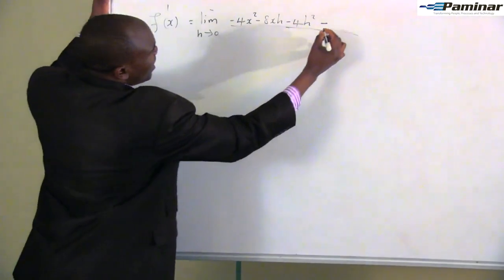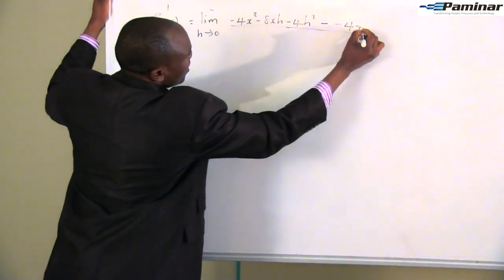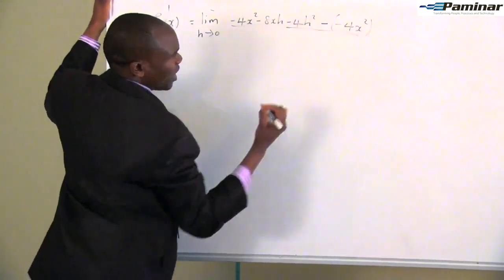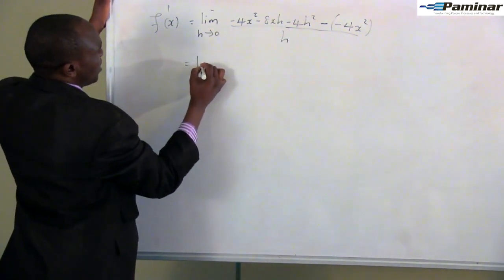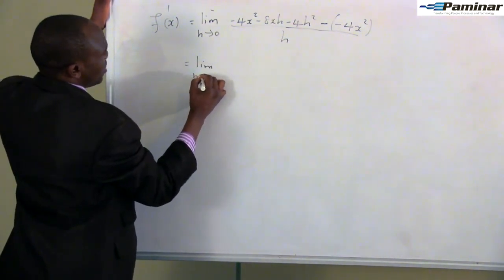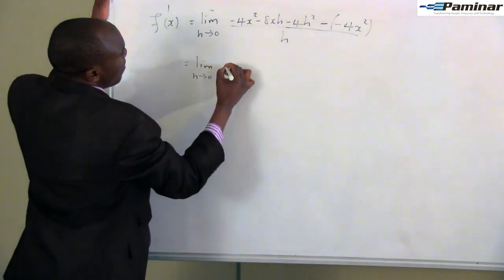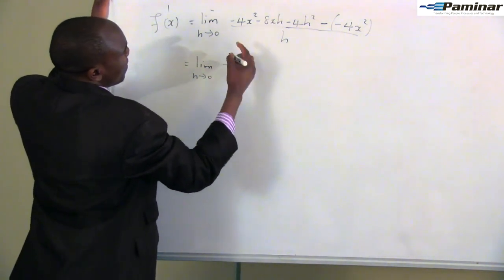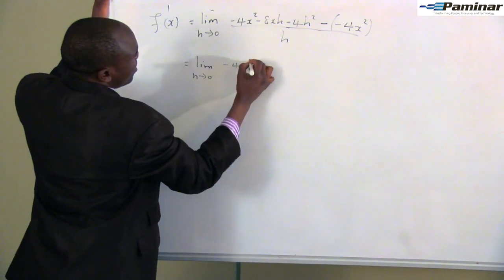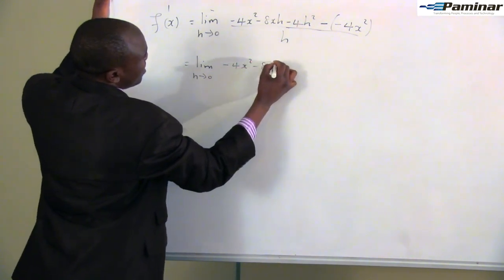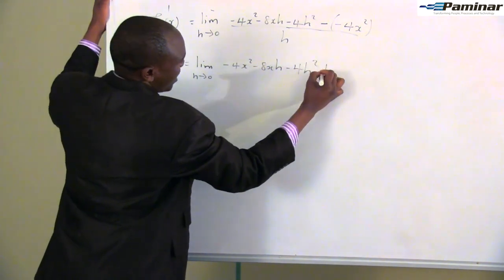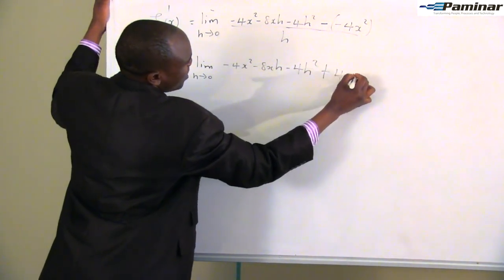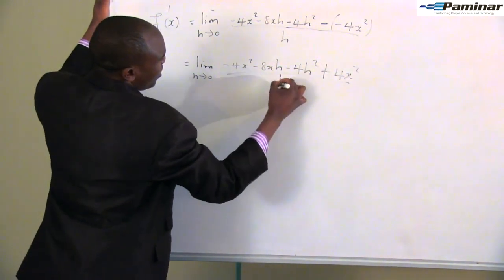So it's the limit as h approaches 0 of minus 4x squared minus 8xh minus 4h squared plus 4x squared all over h.